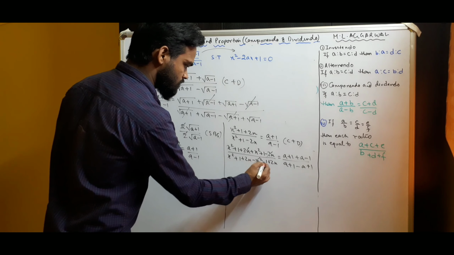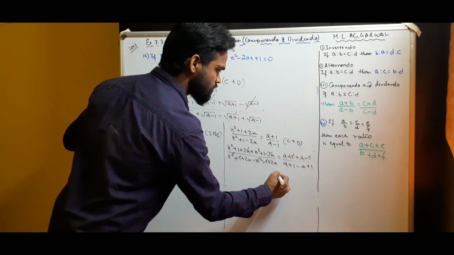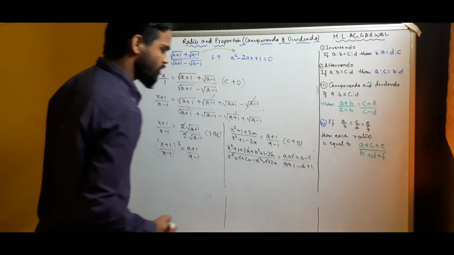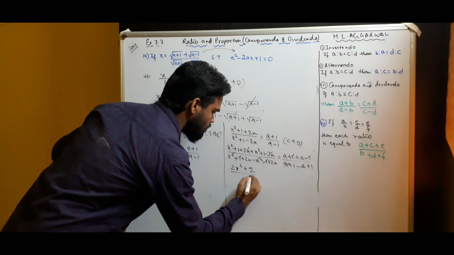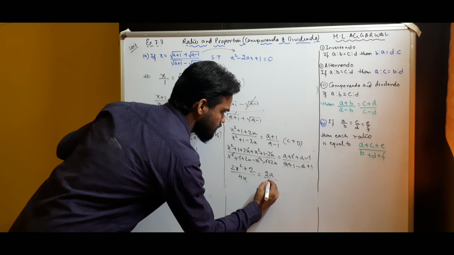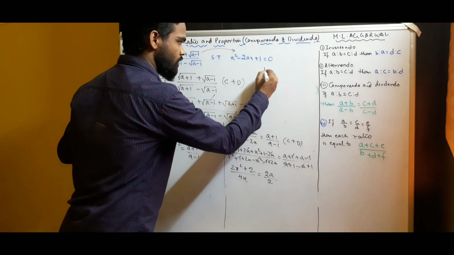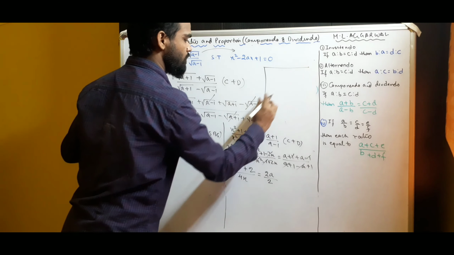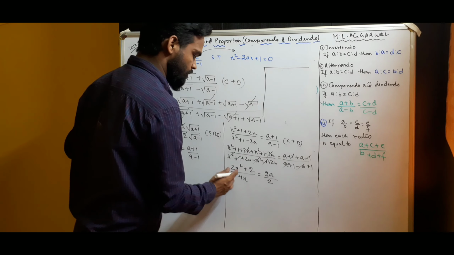So over here this and this, over here this and this. So what remains? 2x square plus 2 by 4x equals 2a by 2. Am I clear? Now look carefully. Over here, everybody, this 2 taken common.